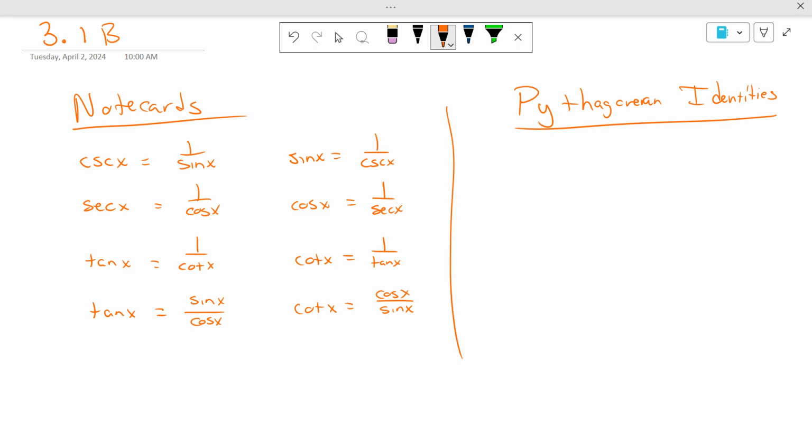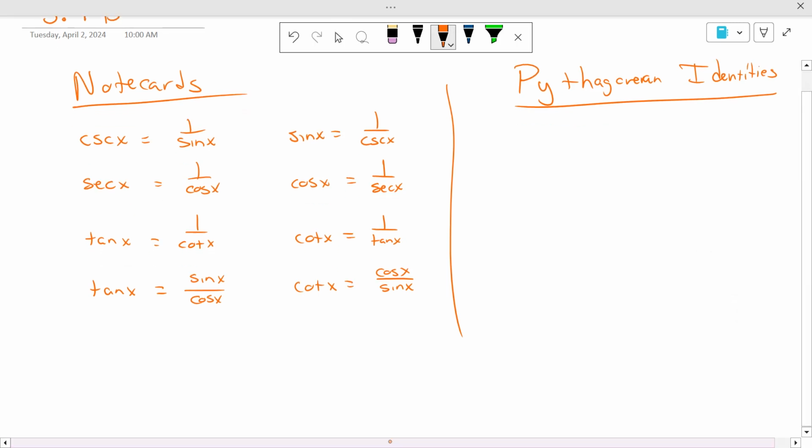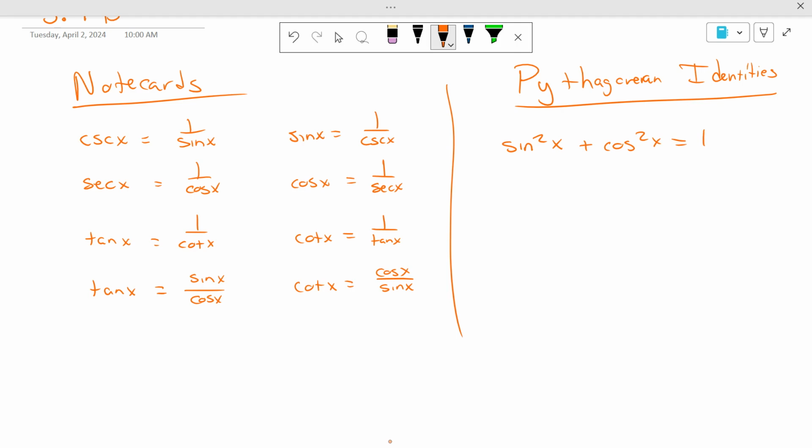We have 3 Pythagorean identities. Sine squared of x plus cosine squared of x equals 1. Secant squared of x equals tangent squared of x plus 1. And cosecant squared of x equals cotangent squared of x plus 1.